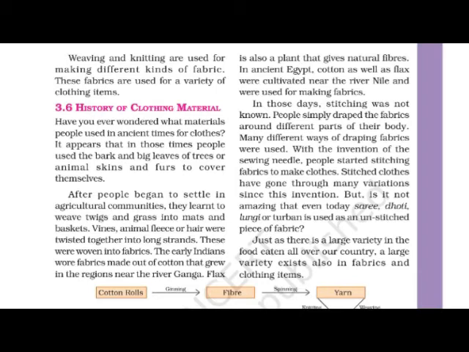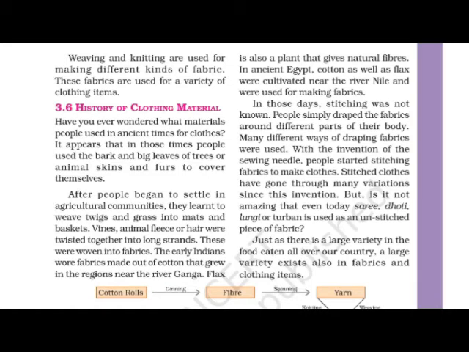When people began to settle in agricultural communities, when they started agricultural practices, at that time they learned to weave twigs and grass into mats and baskets. Firstly, they used woven twigs and grass for making mats and baskets.